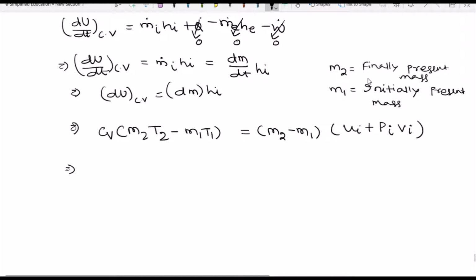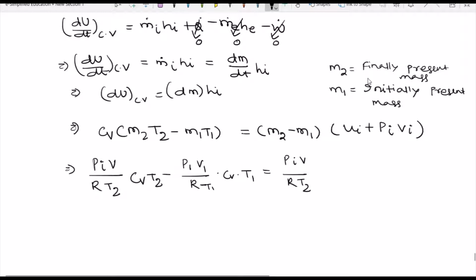Okay, so I can write here, if I multiply Cv everywhere, then I will get Pi V divided by R T2 into Cv T2 minus P1 V divided by R T1 into Cv into T1, that is equal to Pi V divided by R T2 minus P1 V divided by R T1, whole into Cp into Ti.